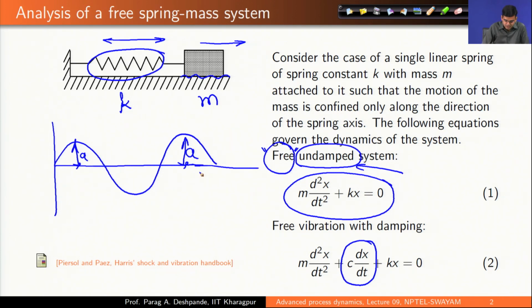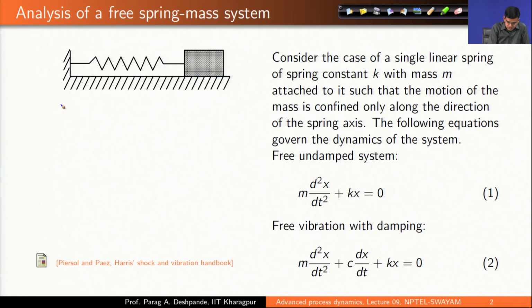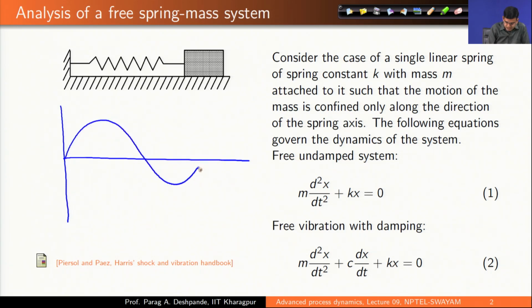On the other hand, you can have a case where you give the displacement and the oscillations take place such that subsequent amplitudes A1, A2 are such that A2 is less than A1 and so on. The amplitudes of oscillations keep on reducing with time.